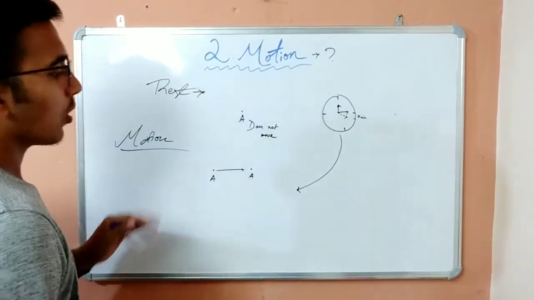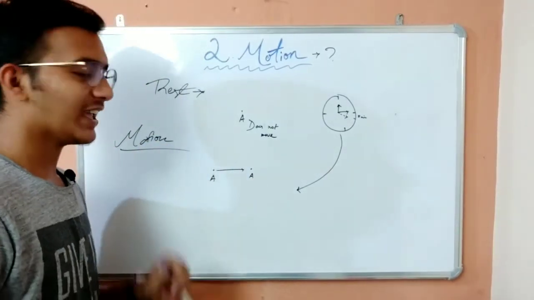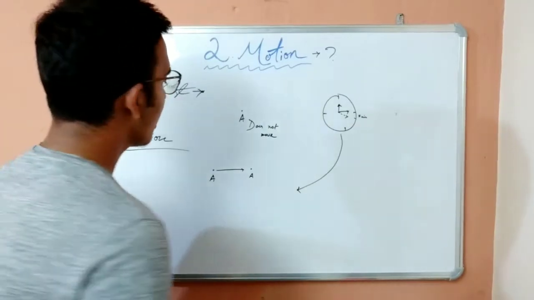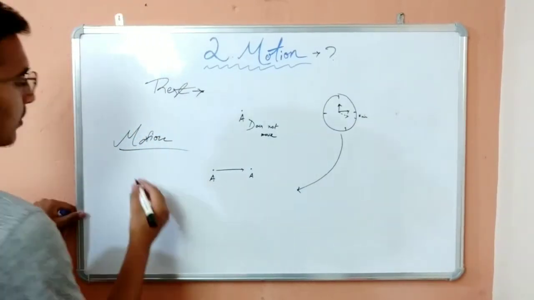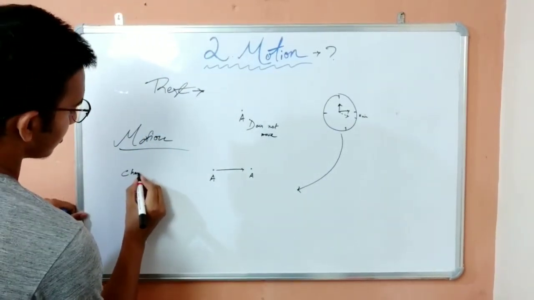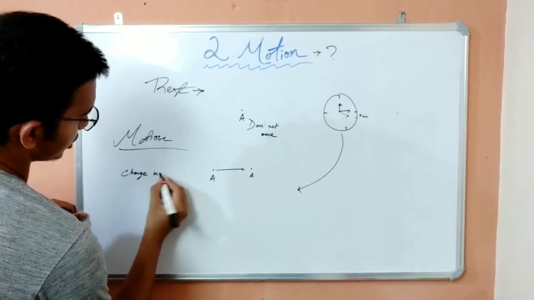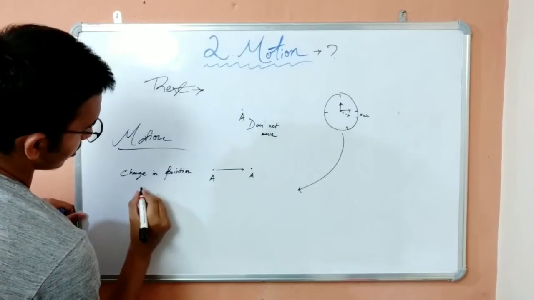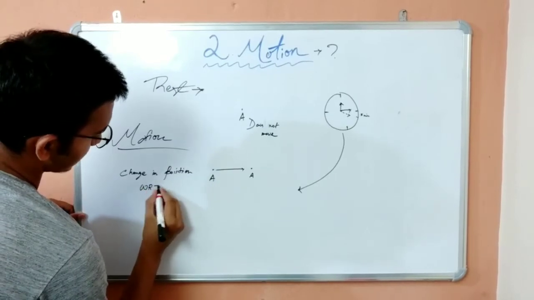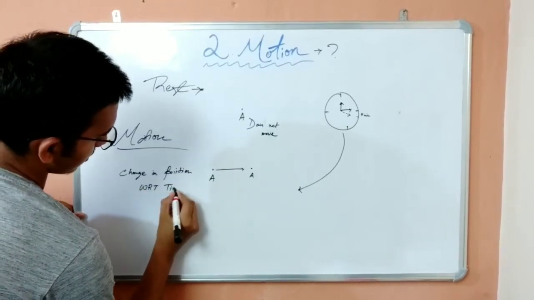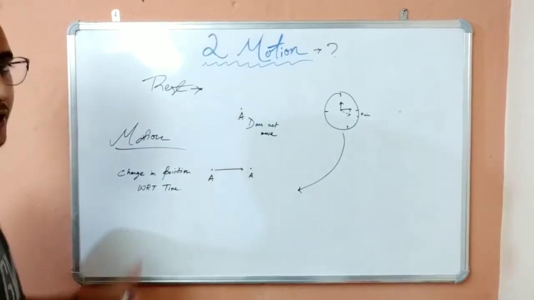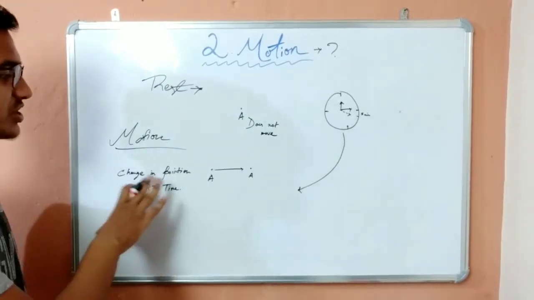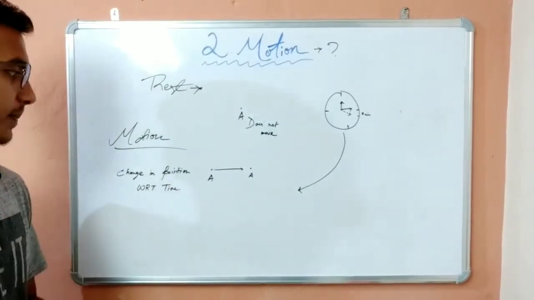So now we say that this object A is in motion. Why? Motion is nothing but change in position with respect to time. Write it down. Motion is change in position with respect to time.